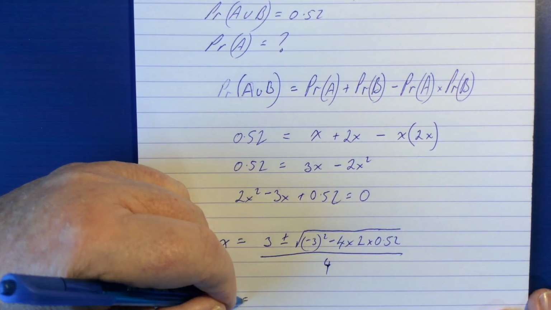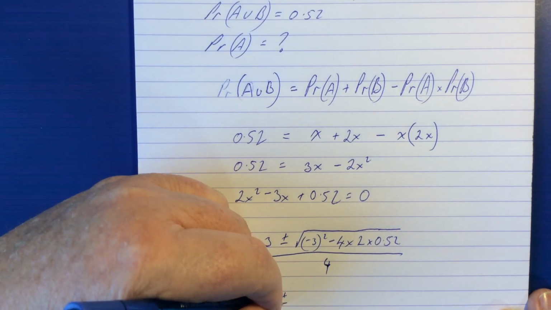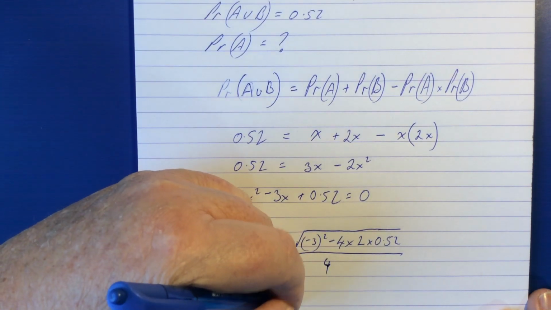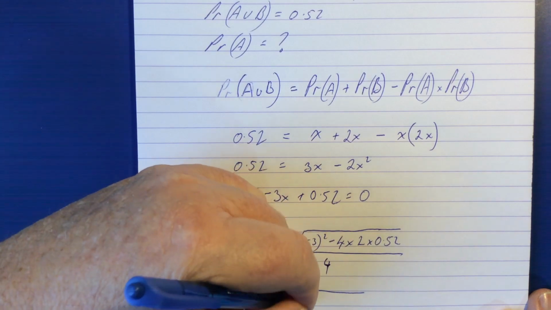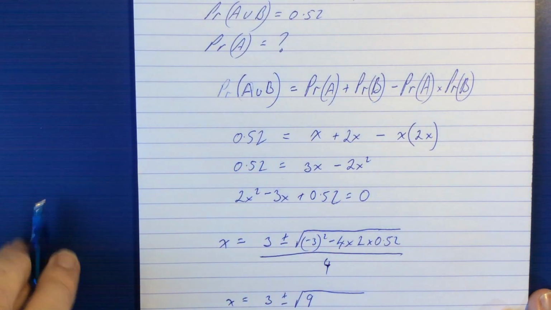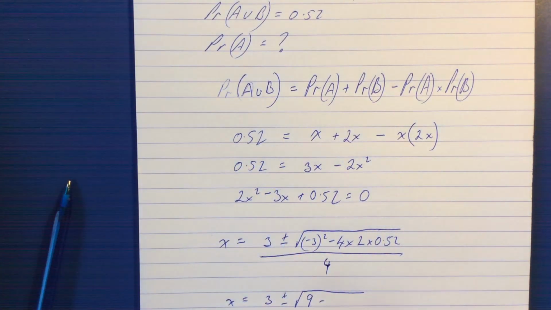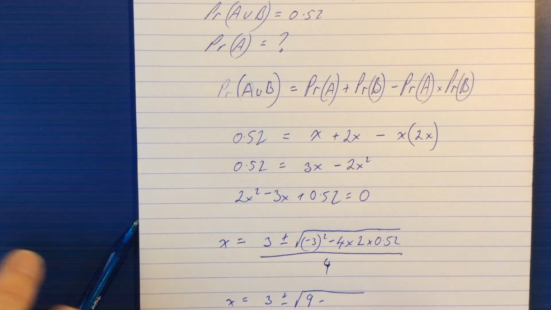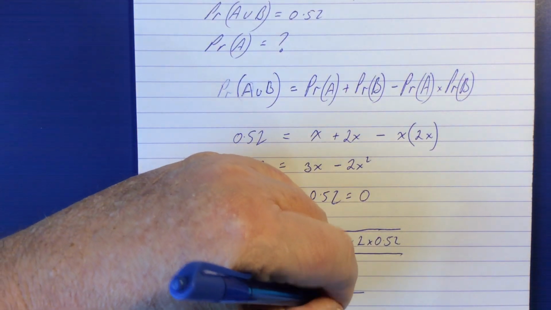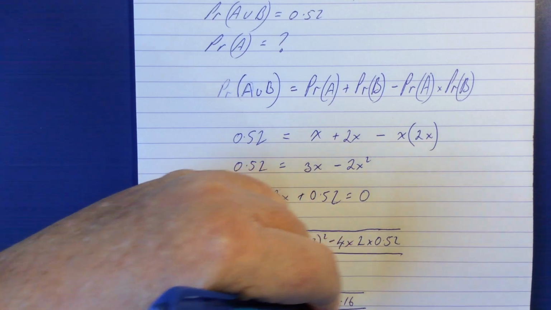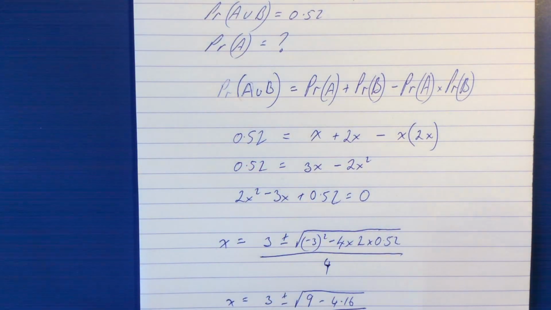So far as I can see, x equals 3 plus or minus the square root of 9. Now, let's just see what this is. 4 times 2 times 0.52, I get 4.16, all over 4.